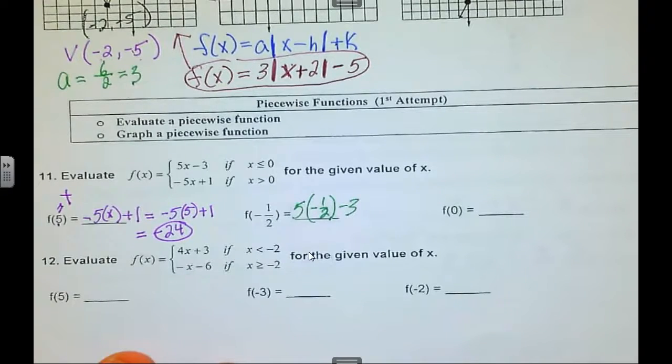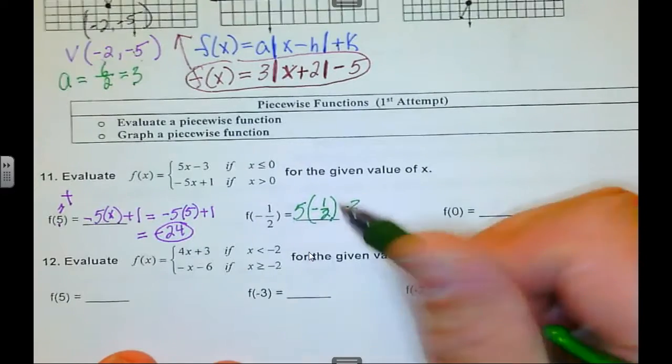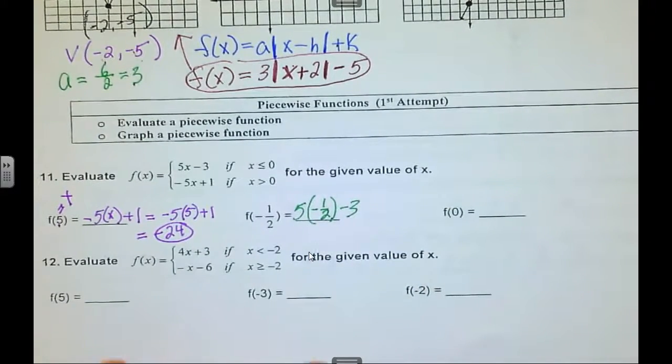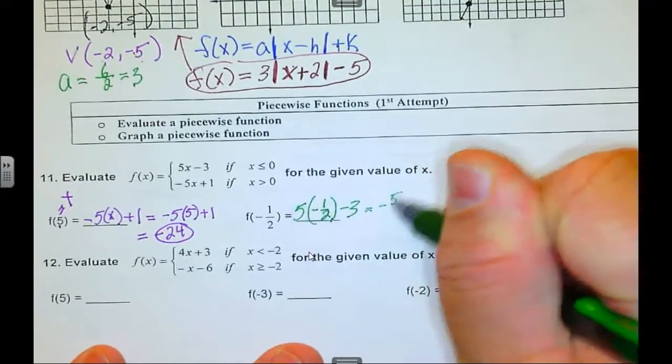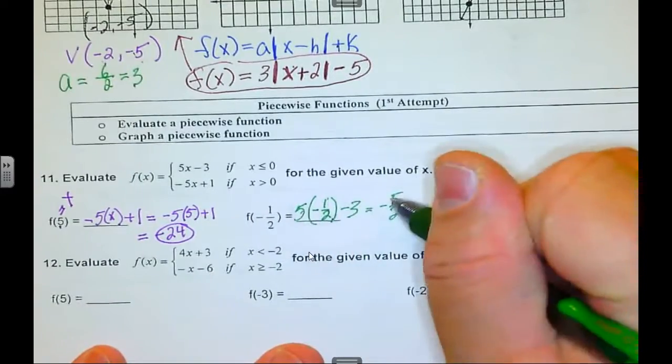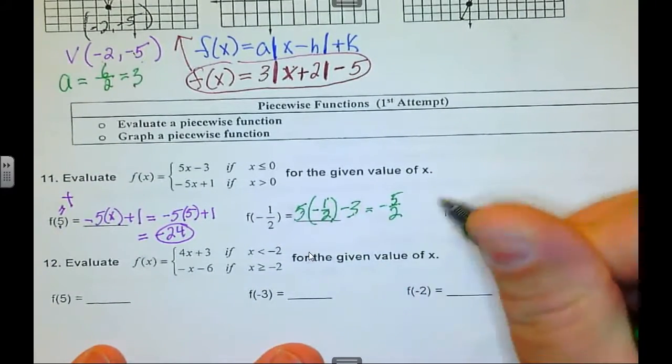What's negative 5/2 minus 3? Well, what's 3 in halves fractions? Negative 5/2, because I'm just multiplying the numerators. 3 is 6/2, right?